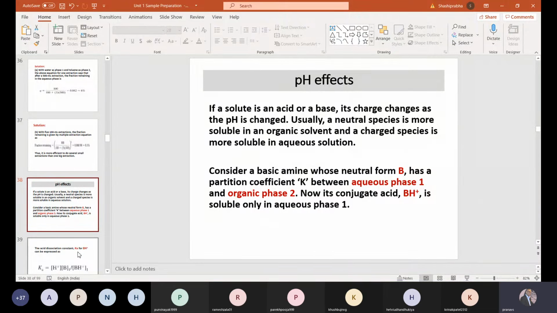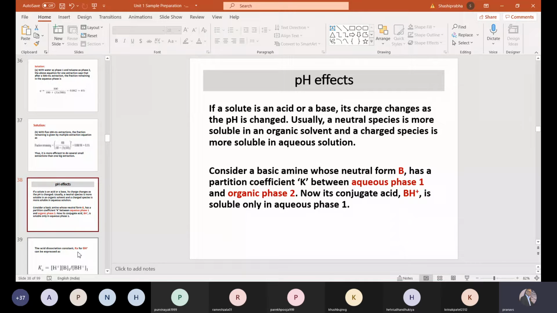Up till now, what we did was understand how the analyte gets distributed between the two phases, and there we assumed that the analyte is in the neutral state.